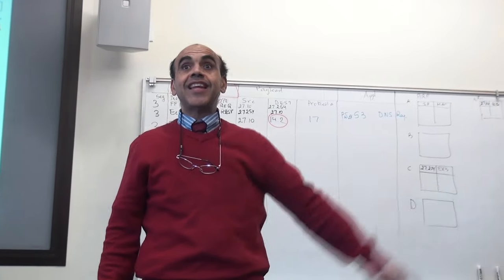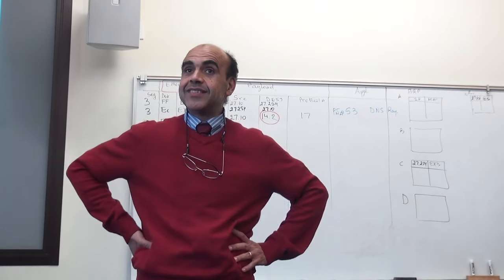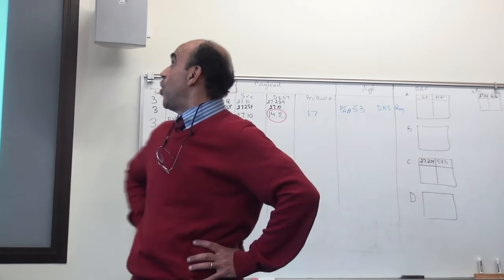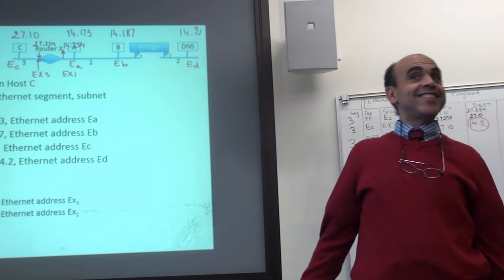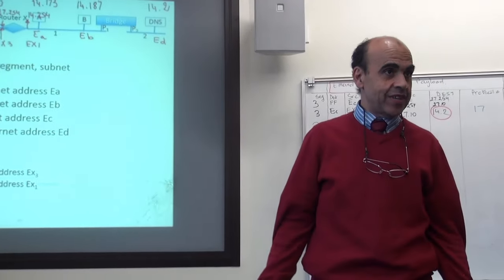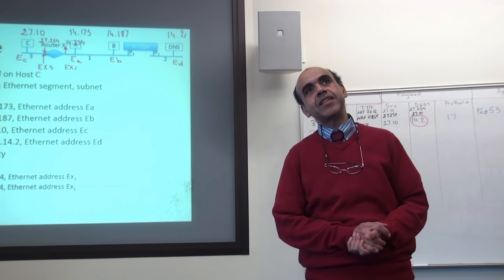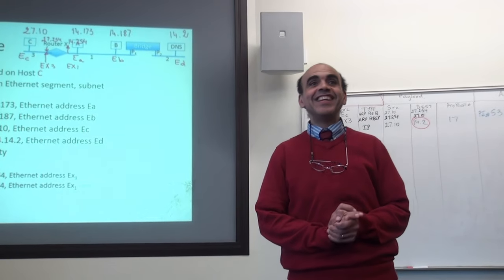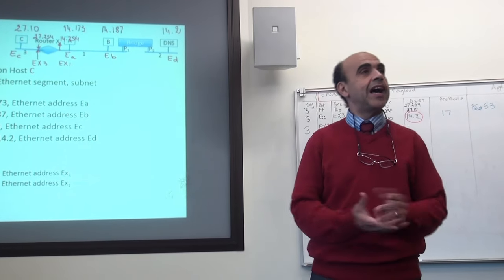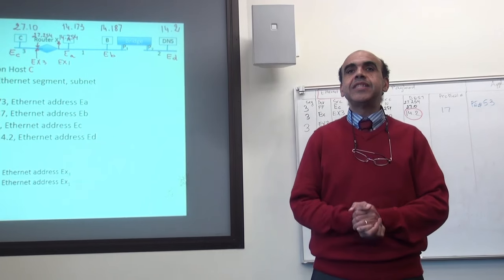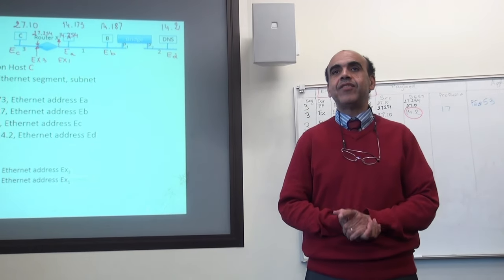Then he would say that's local. So he could send it to DNS, right? But he needs what? The MAC address. Then we ask who? ARP. Ask ARP, hey, what is the MAC address of this IP address?